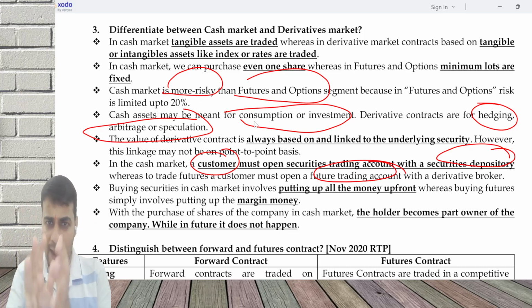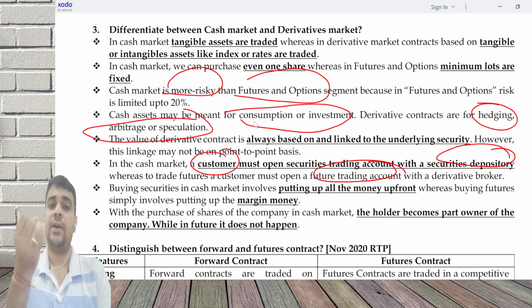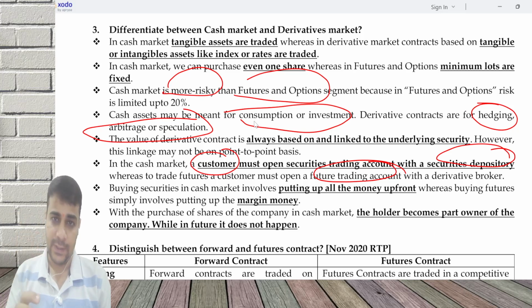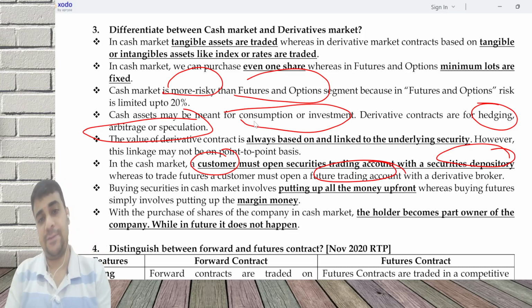The manner of working of both is the same. Both help us in fixing a future price, and it's a contract to buy or sell a specified asset at a specified price on a specified date. So both are technically the same.